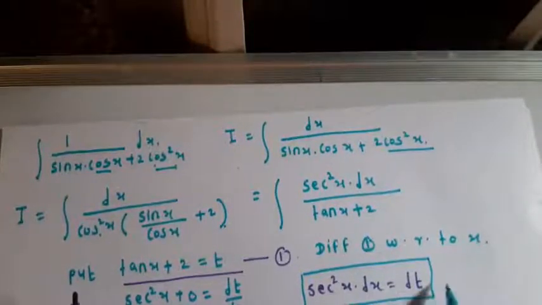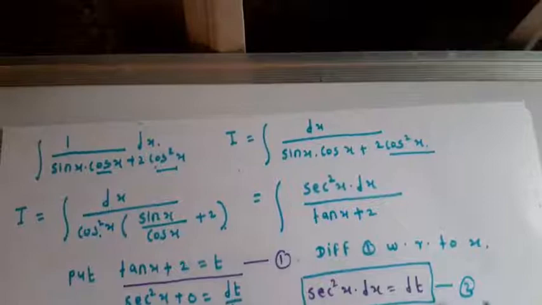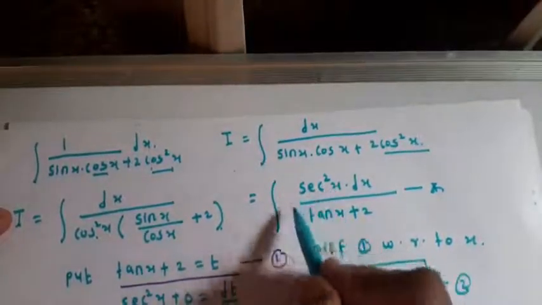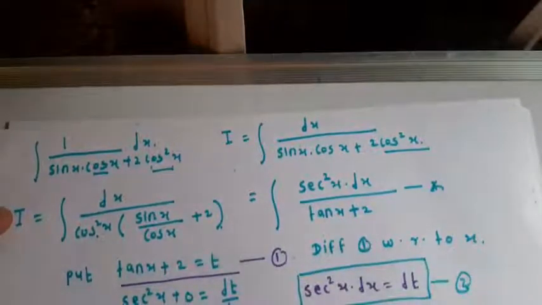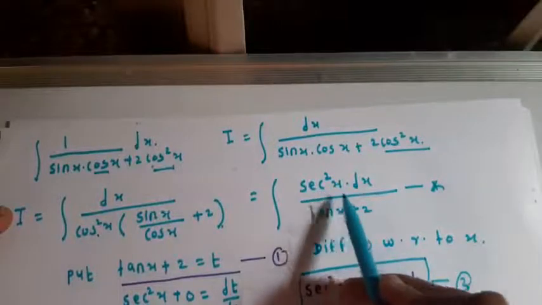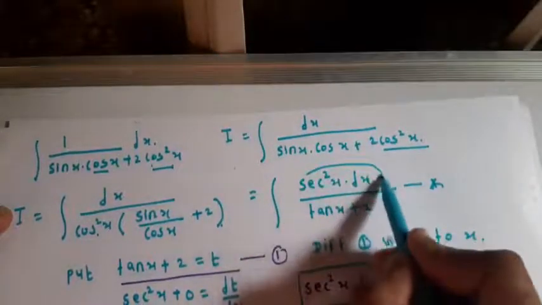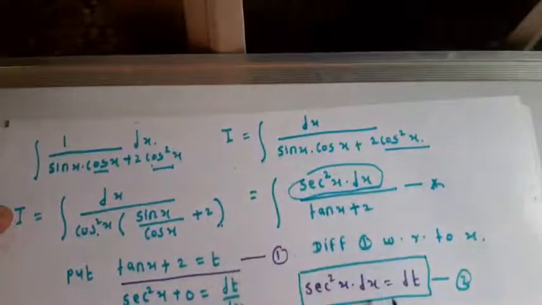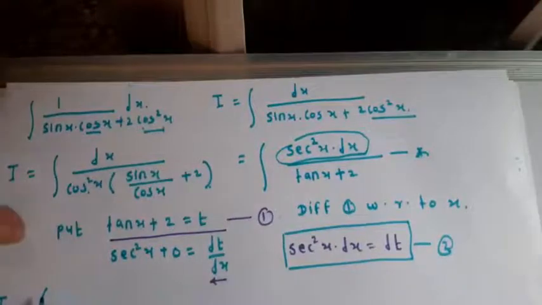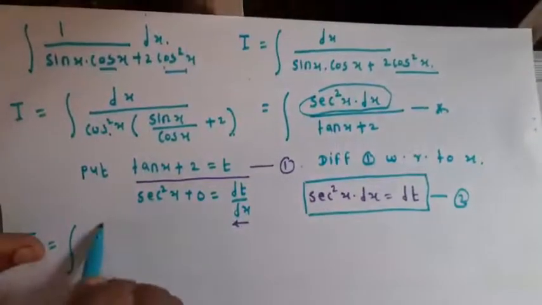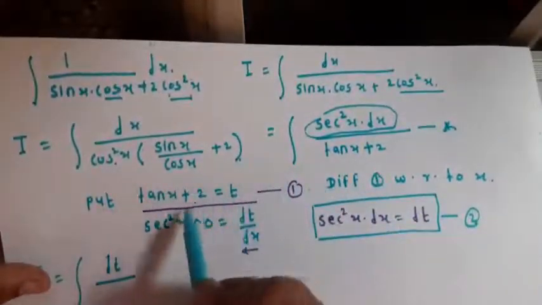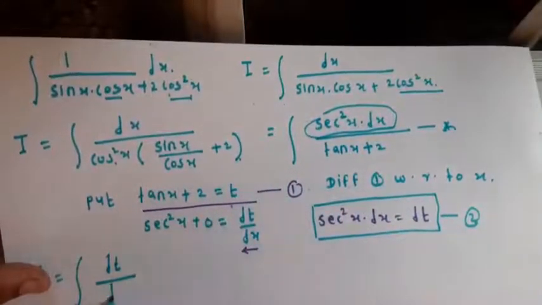Okay students, now put the values in the given integrand. In the integration, the integrand is sec square x dx upon tan x plus 2. So at the numerator, sec square x dx, the value we have found is dt, and the denominator tan x plus 2 we have put equal to t.